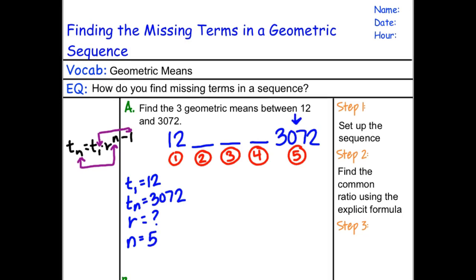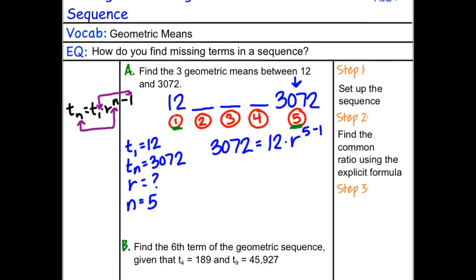So when we set this up, we get 3072 equals 12 times r, which is our unknown, to the n, which is 5 minus 1, because we take the first and last term numbers that were given and subtract them. Then, once we've done that, we find our missing terms.